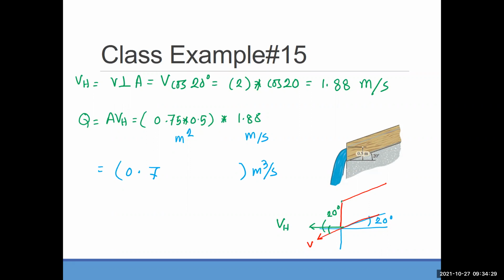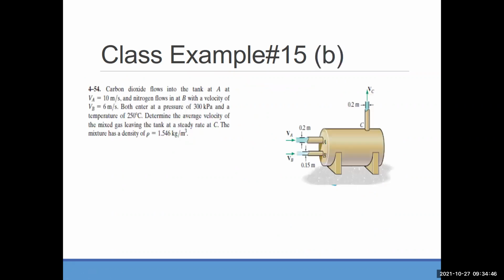So complete that, and then we can start working on part B, which is from your textbook, exercise problem number 54. So let's start working on that. Can anyone read the question? Question number.